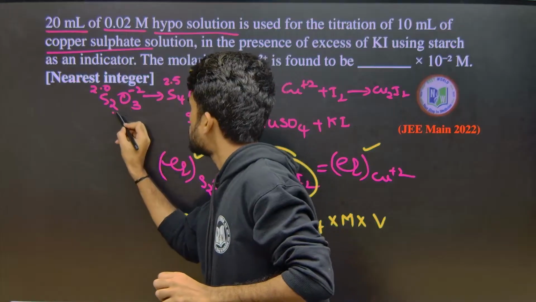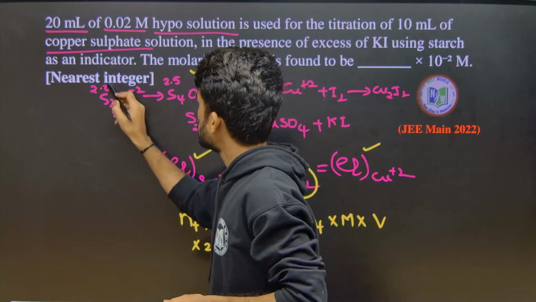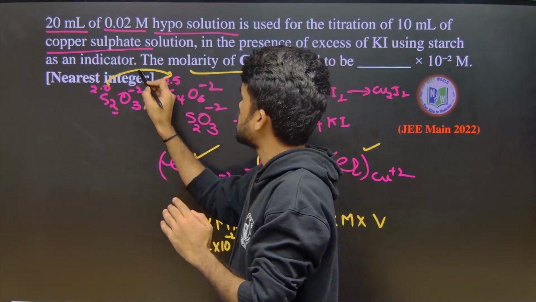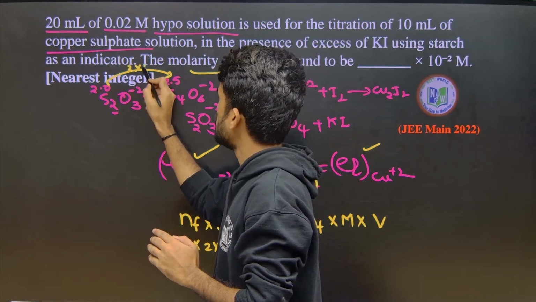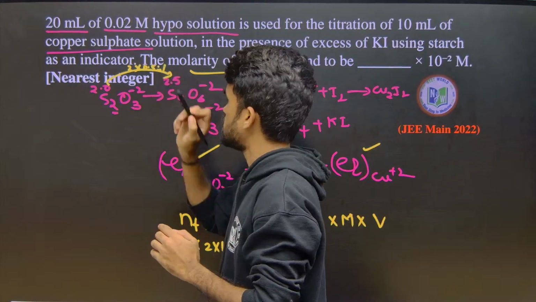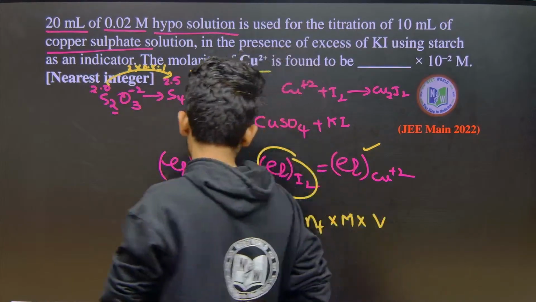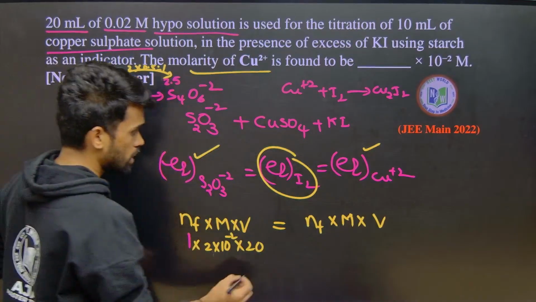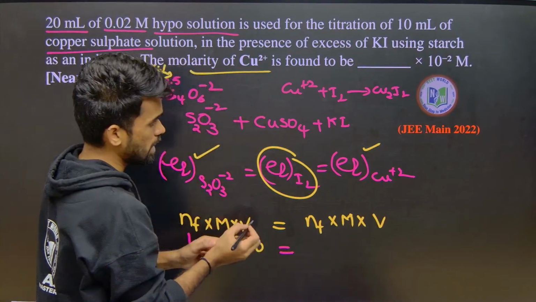How many sulfur atoms are there here? 2, right? So 2 sulfur atoms, each one is 0.5. So the change in N factor is 1. So I am writing here N factor for hypo as 1. Hope this is clear. Okay, this should be equal to the N factor of copper.